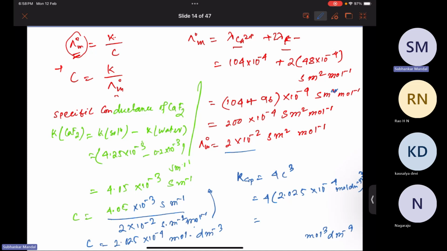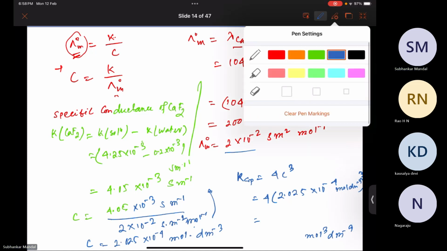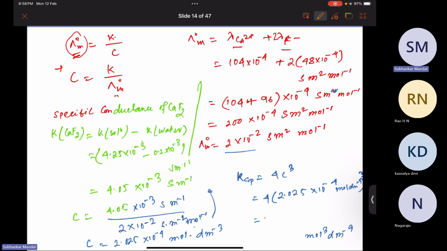What will the answer be? You can write in the chat box also. You people can do it yourself, and after that you can write. I will come back. You people can write this, calculate how much it is.